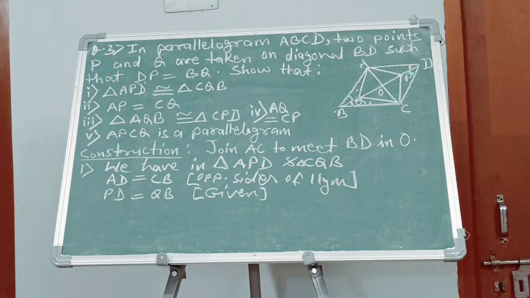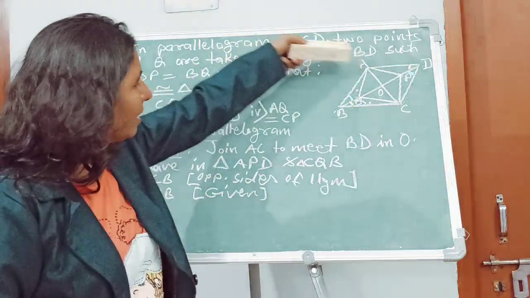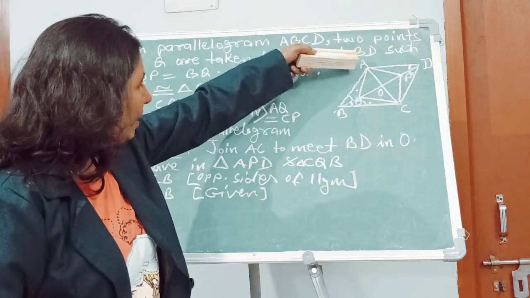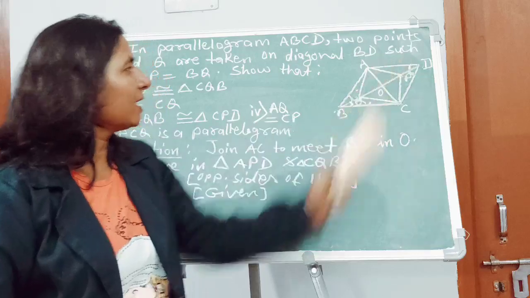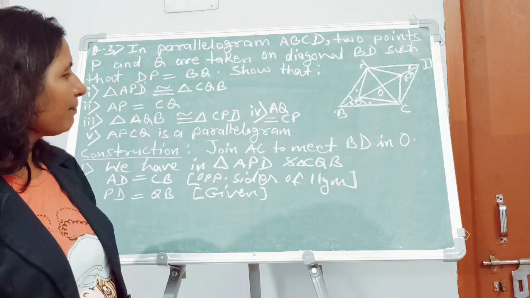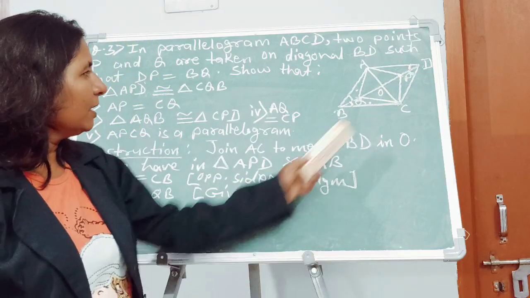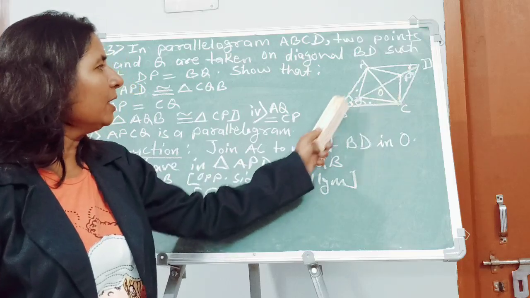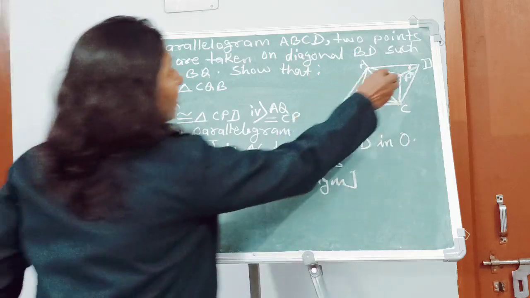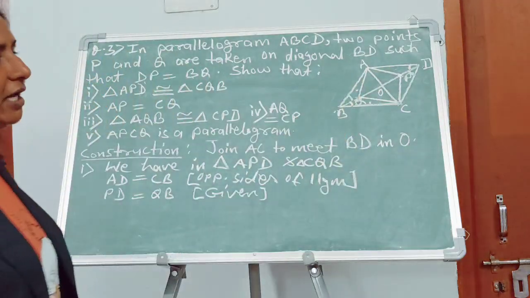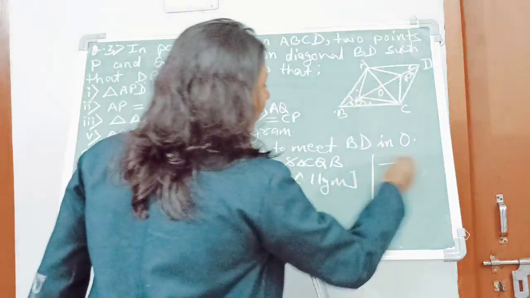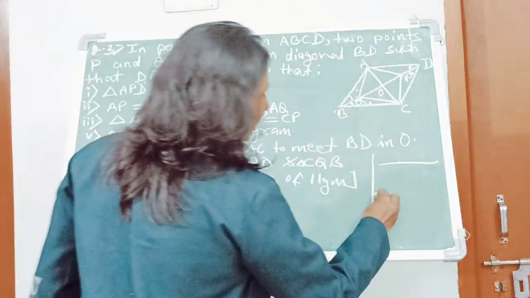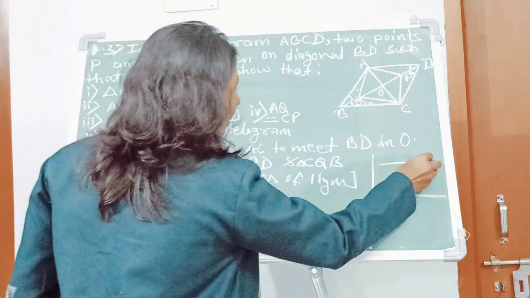And also let us see here, this angle ADP and angle CBQ. Which angles are these? Alternate interior angles. Let us see how. This is side AD and this is side BC, and BD is the transversal.